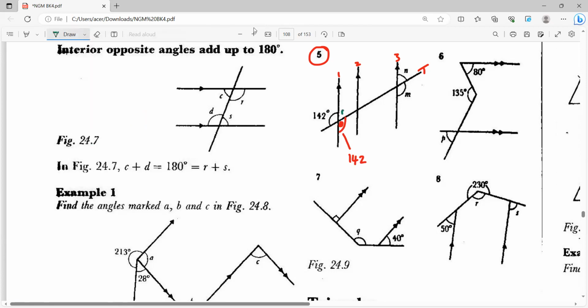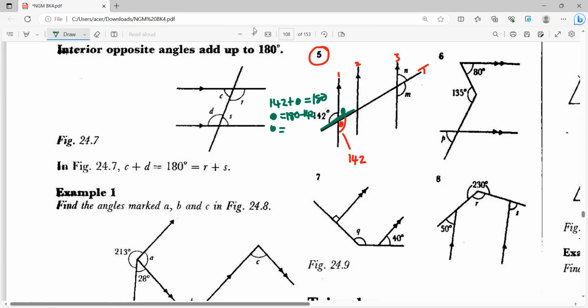And then this guy and the 142, they are on the green highway, above the green highway. So they must give me 180, right? So 142 plus the green guy equals 180. So the green guy is going to be 180 minus 142.